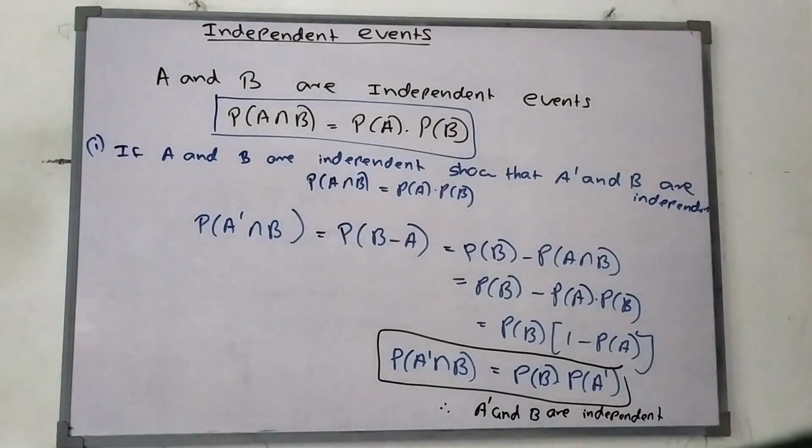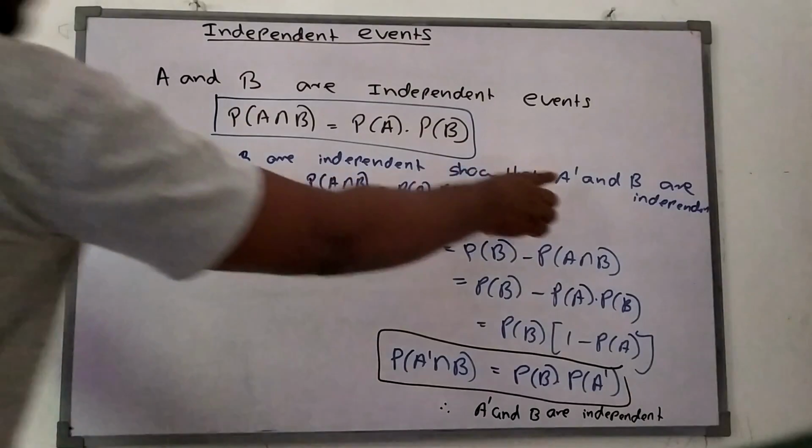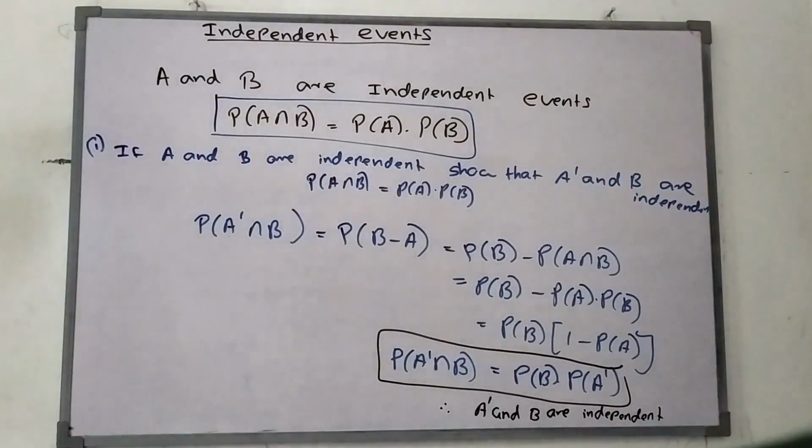A dash and B are purely independent. This is the way of proving A dash and B are independent. So let's move to the second one.